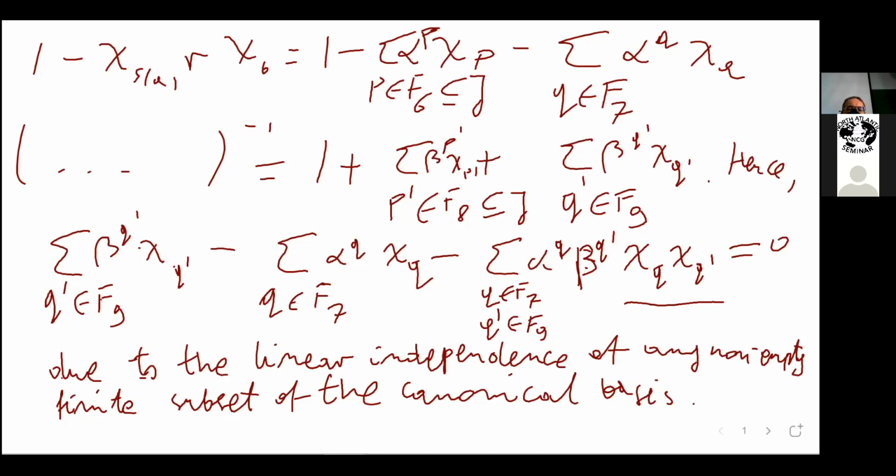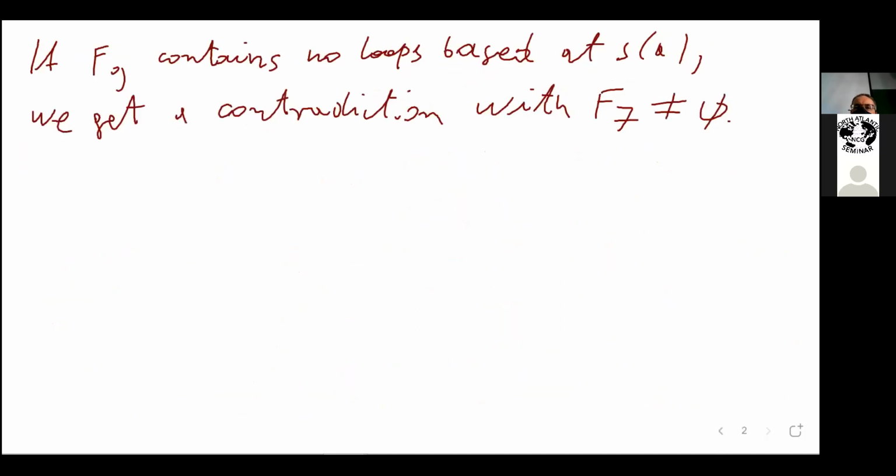But then this means that the sum over F7 must vanish separately, which means that all these coefficients must be 0 by the linear dependence, which basically means by the definition of a set F7 that it's an empty set. So this is why I have a contradiction, okay? So now we can assume that there is at least one loop based at SA in F9.